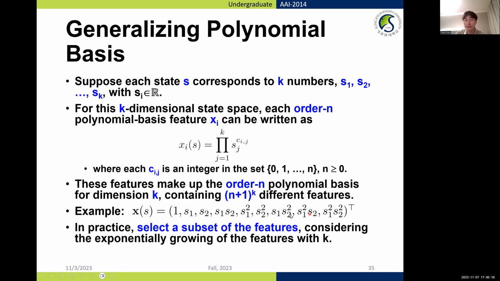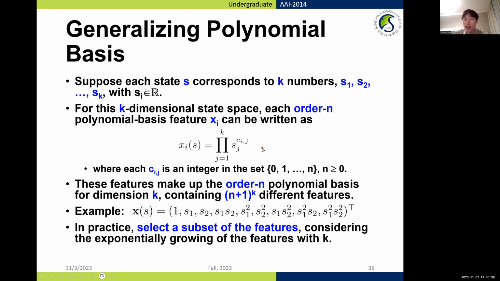In this case, it covers the possibility of n equals 4. We just need to select some of them, a subset of these features, not all of them, considering the exponential growth of the features with k.